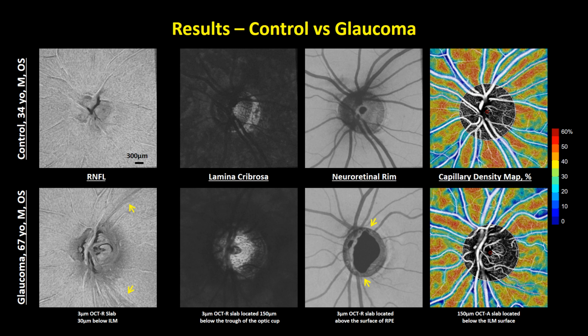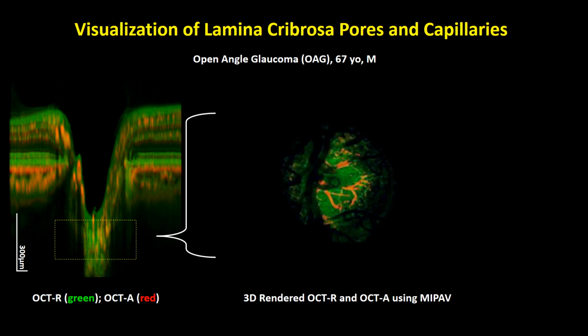Similar to the previous glaucoma patient, this patient also had a very distinct neuroretinal rim thinning at the inferior temporal and superior temporal regions here, which is consistent with the retinal nerve fiber bundle defect as seen on the superficial slab in here. So in general, the lamina cribrosa pore area is larger and the neural rim area is smaller in the glaucoma patients with reduced peripapillary capillary density.